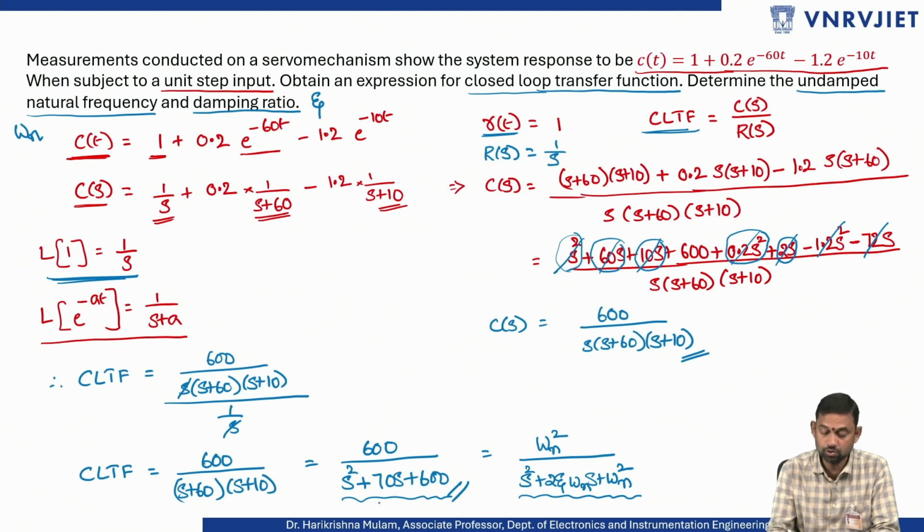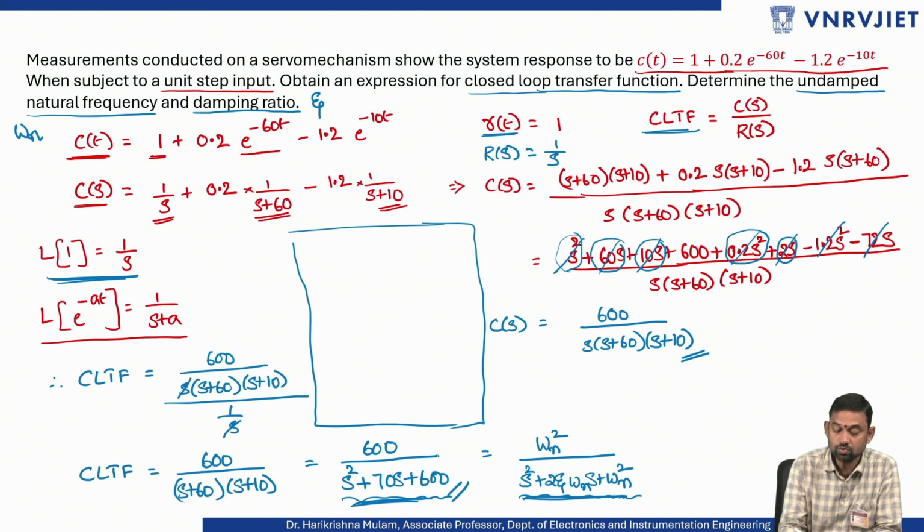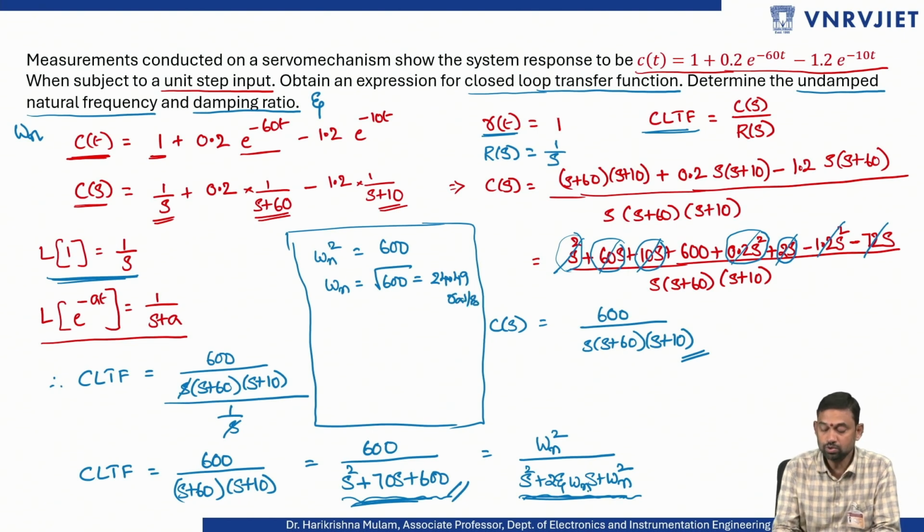So if you compare these two denominator terms, we can understand that omega n square is equal to 600, and omega n is square root of 600, which is equal to 24.49 radians per second. Then 2 zeta omega n s is compared with 70s.